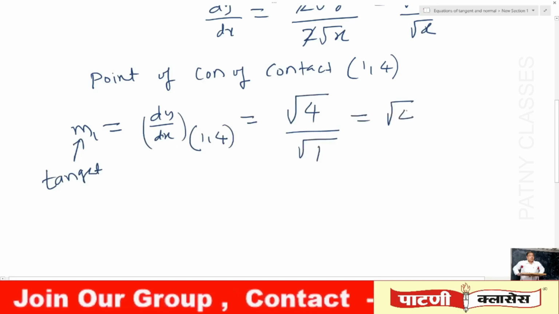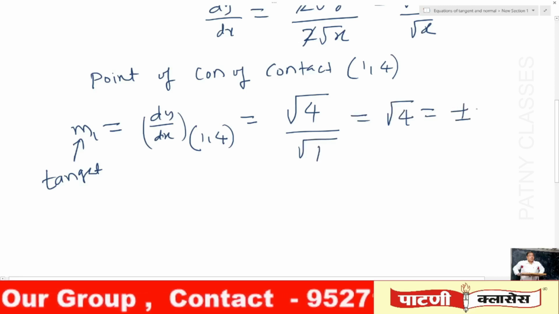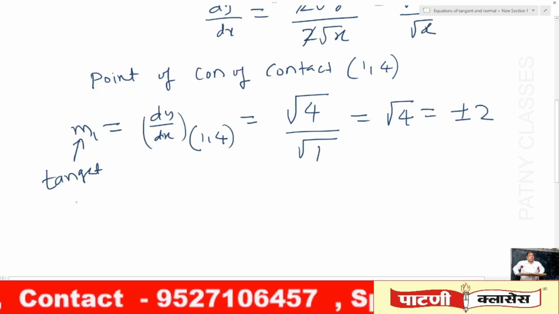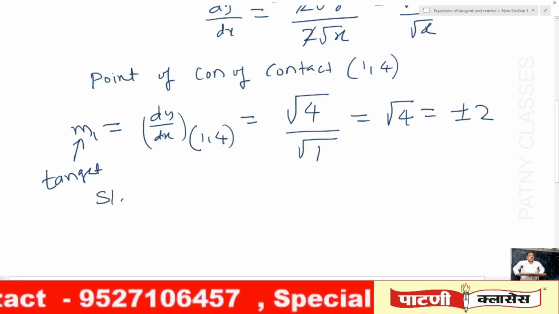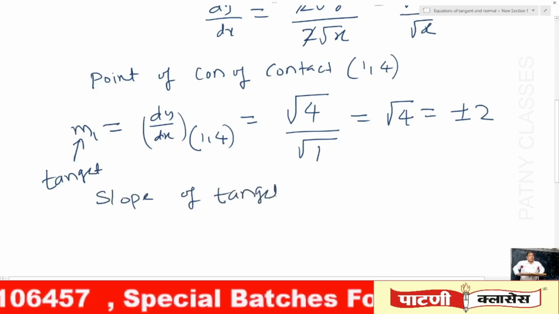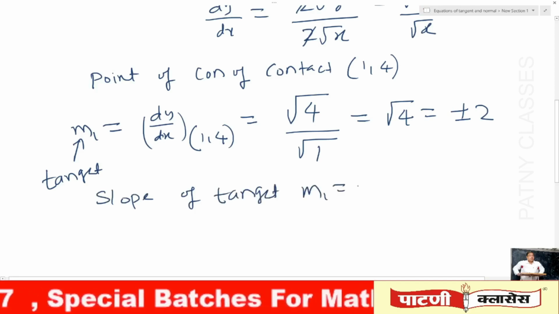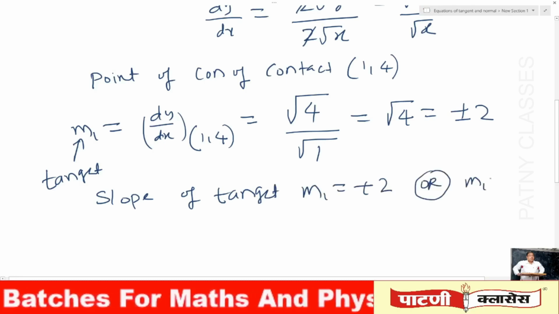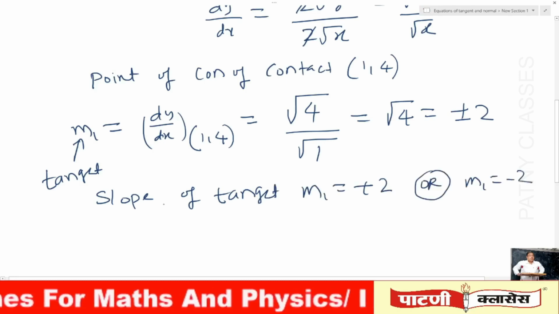So it is root 4 equals plus or minus 2. Similarly, now the slope of tangent we have received: m1 equals plus 2 or m1 equals minus 2.